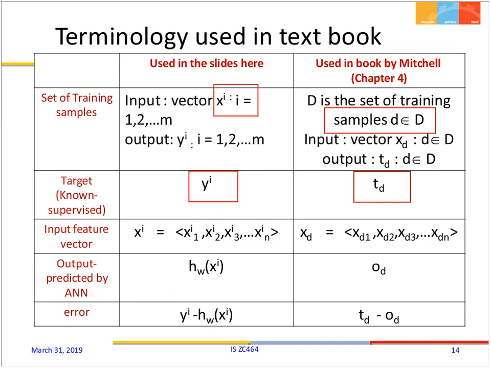It is only a notation difference. OD is the predicted output, and TD is the actual target output. So YI was the target and HW is the predicted. This is how you can read through Mitchell's book about gradient descent.